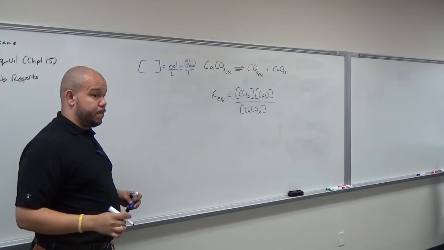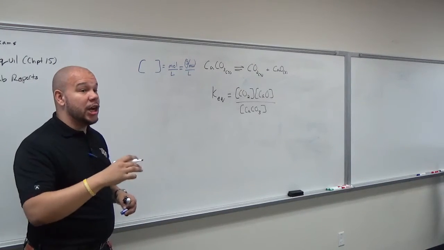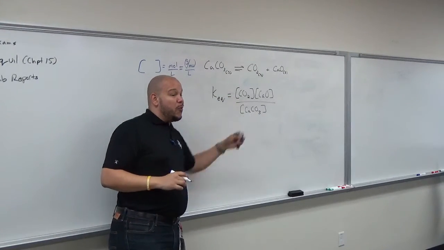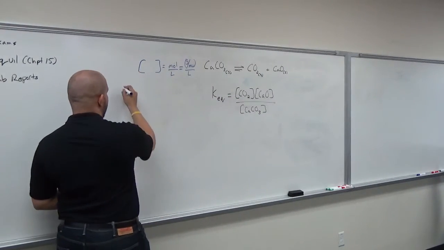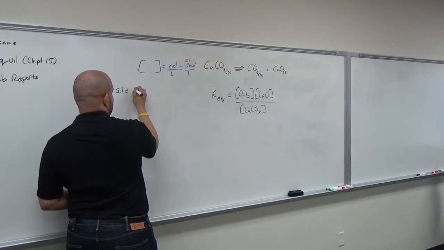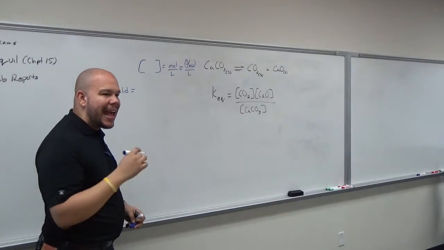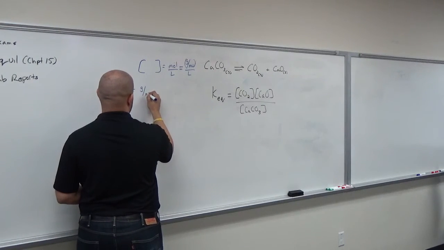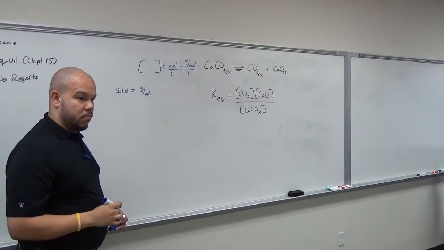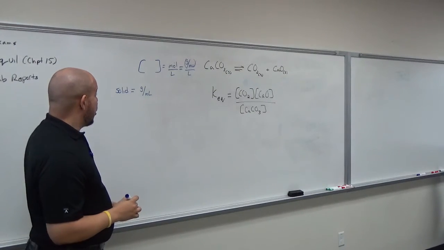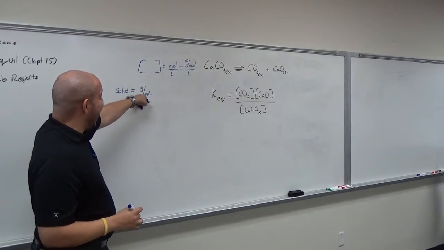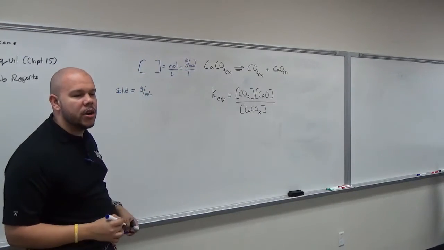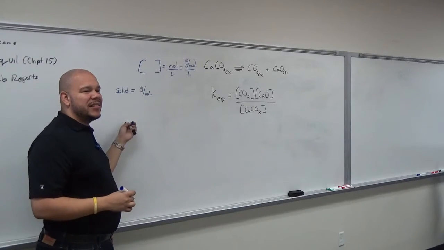If we take a look at a pure substance, let's look at the reactant, calcium carbonate. Calcium carbonate is a solid, and that solid has a particular density. Therefore, if we had a density that's grams per milliliter, the density of this does not change.